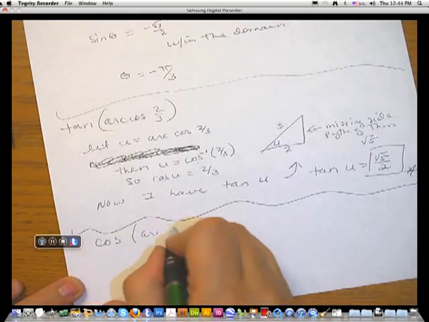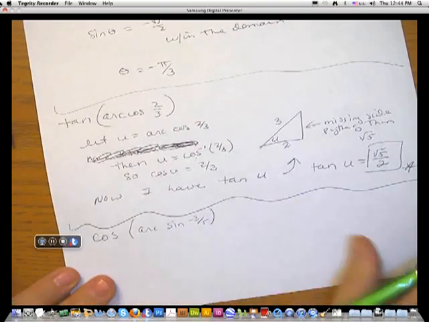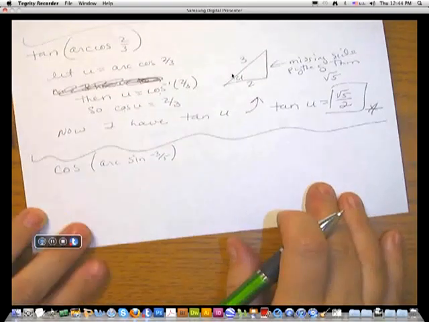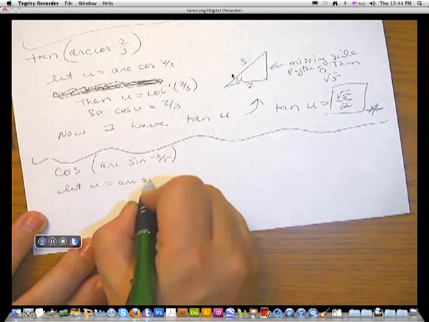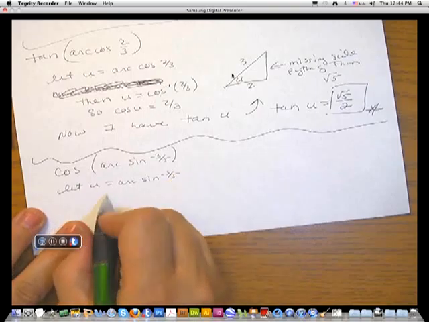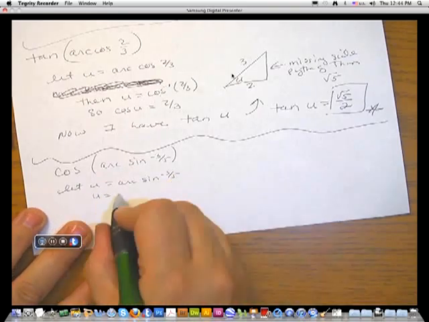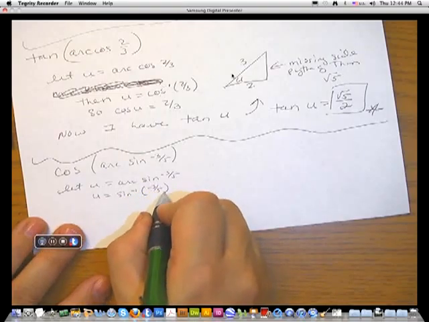Cosine of arcsine -3/5. Let u equal arcsine of -3/5. So just rewriting it, sine inverse is -3/5.